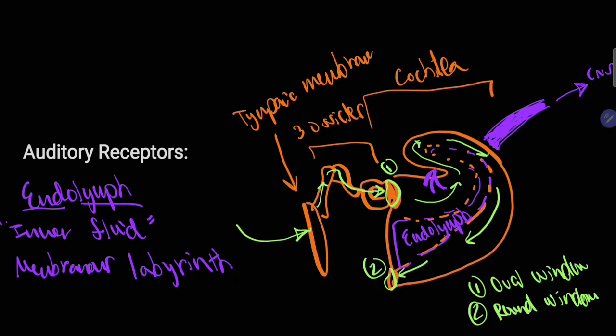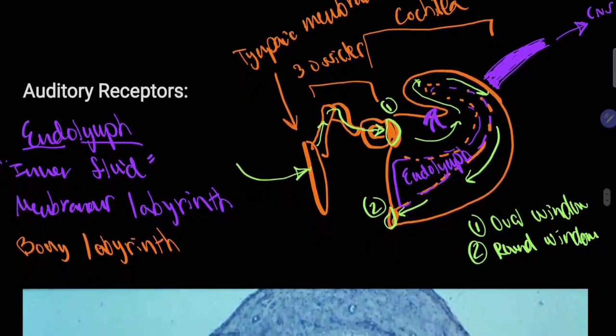So I mentioned the membranous labyrinth. That's going to be that fluid-filled inner portion that we've outlined in purple here. In addition, we have a bony labyrinth. So if we keep up with that shell analogy and think of the cochlea as a snail shell, then the bony part, the outside part, is going to be bony labyrinth. And this is filled with a different fluid called the perilymph.